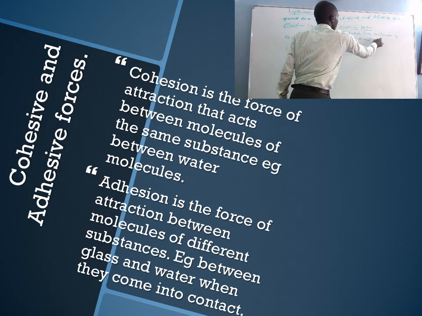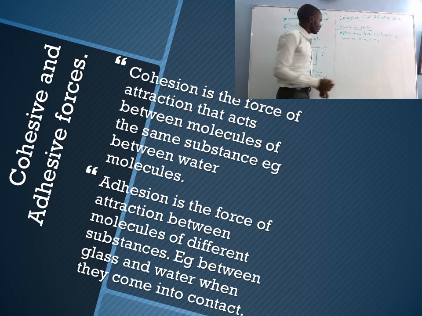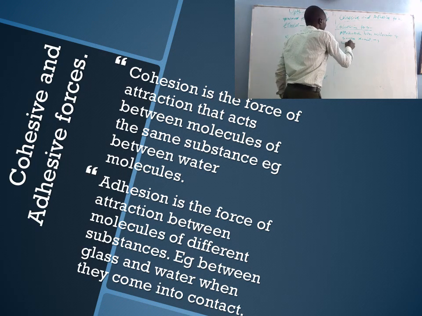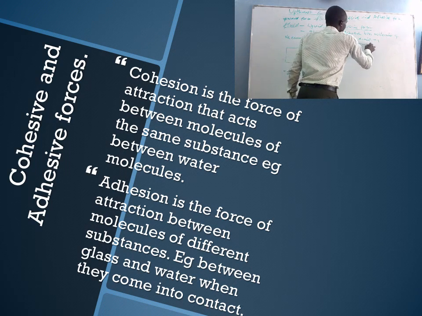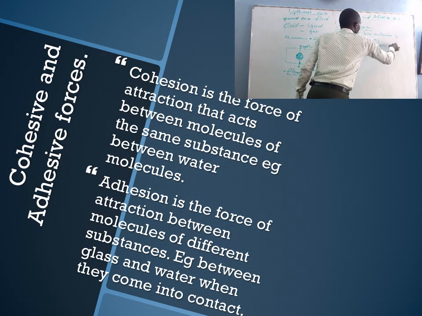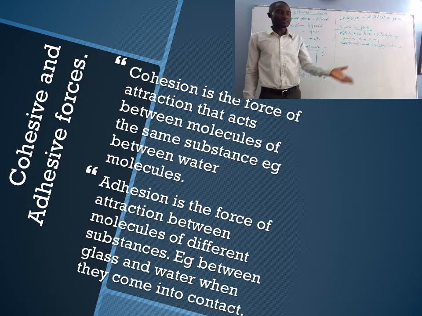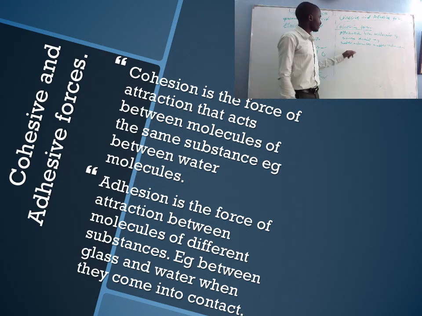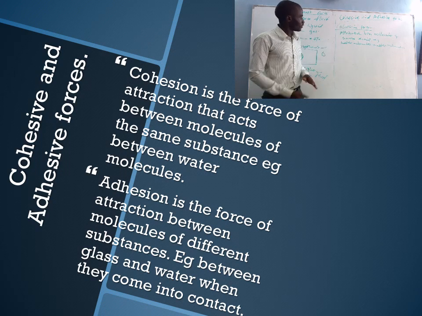For example, we may have water molecules attracting other water molecules. So water molecules and another water molecule. Those molecules are of the same type. They are of the same substance, and therefore the force of attraction that occurs between them is the cohesive force.